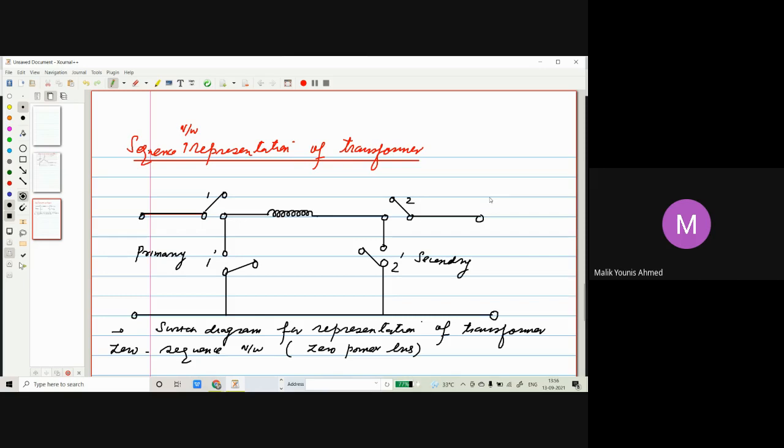So I will write here that the general circuit for any combination is given below in the figure. So this is the figure and it is given here.